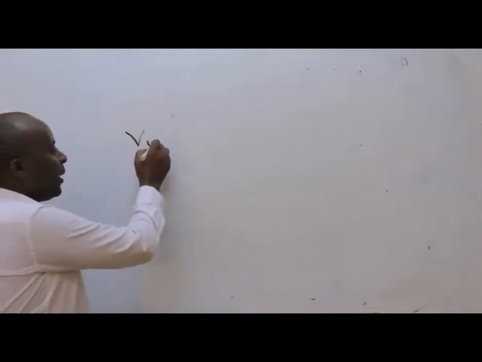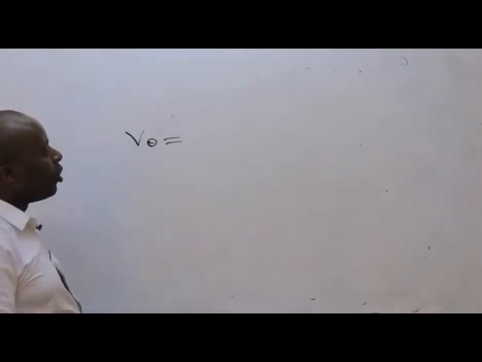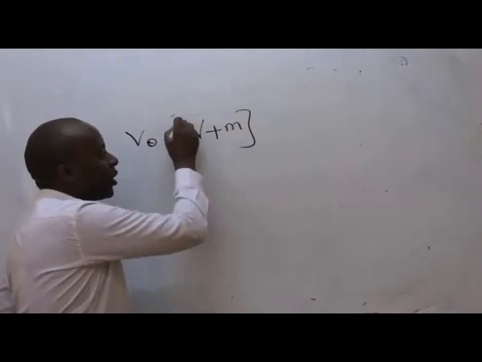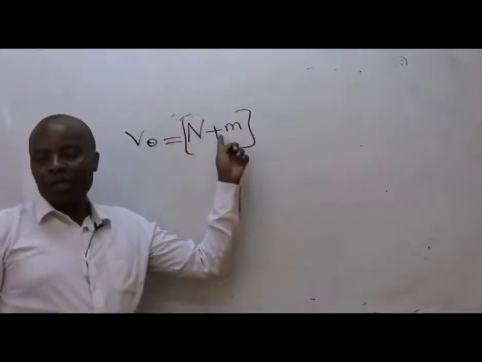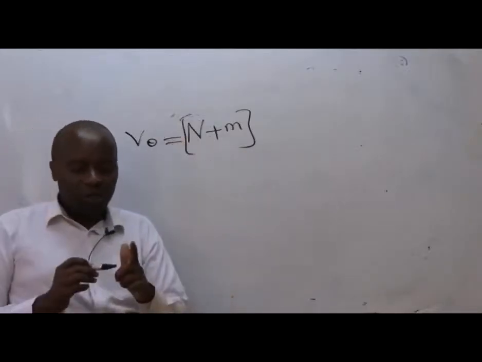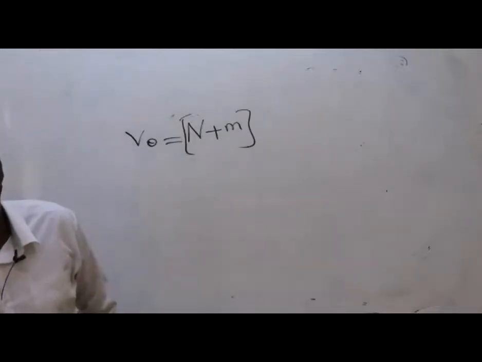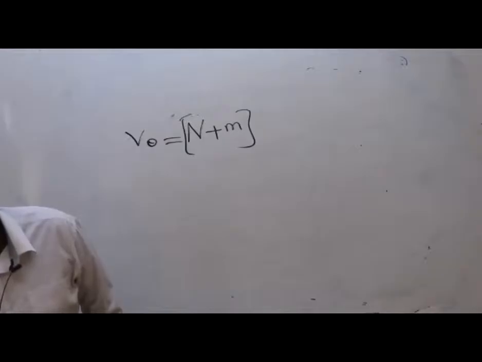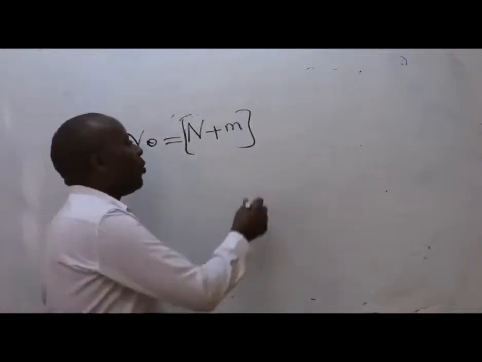Under MM, the current value of a firm will always be obtained by taking new shares plus old shares, multiplied by P1.